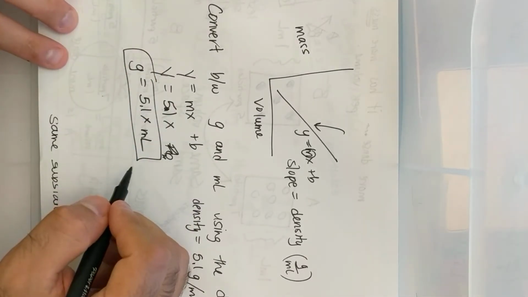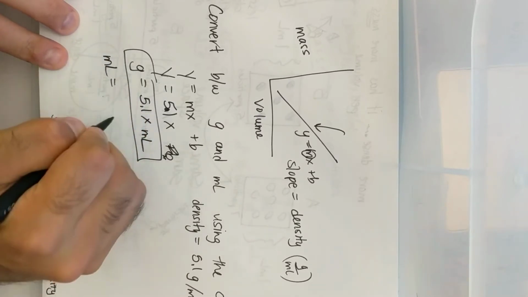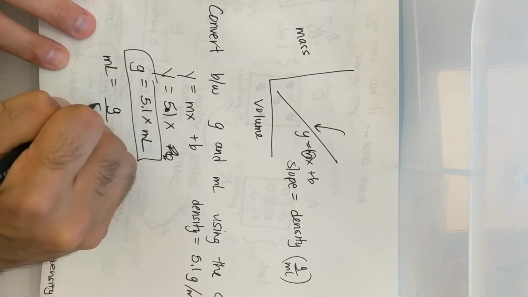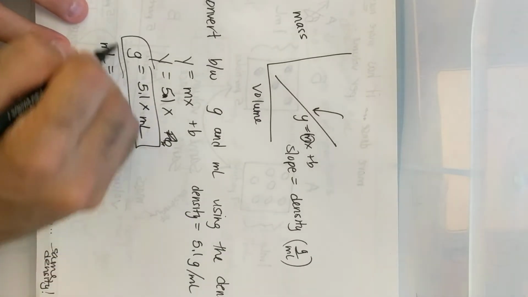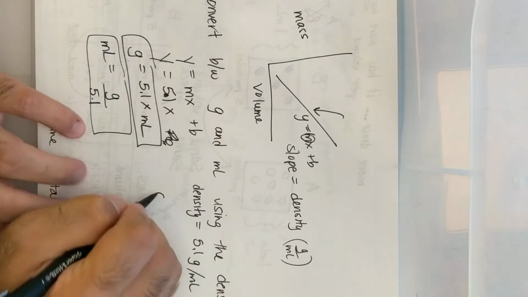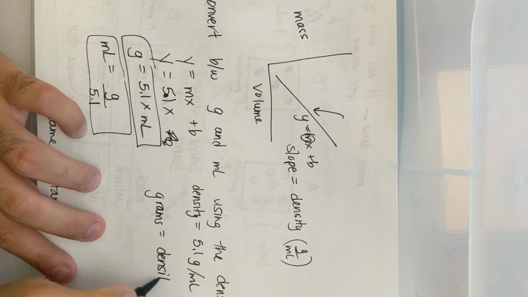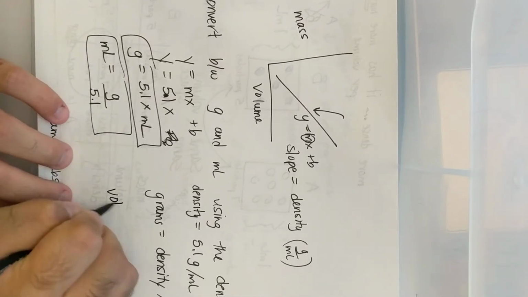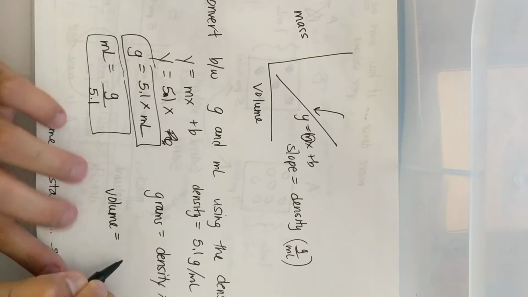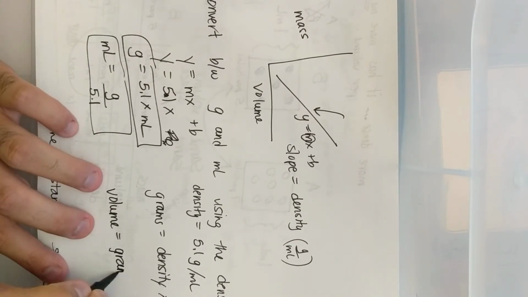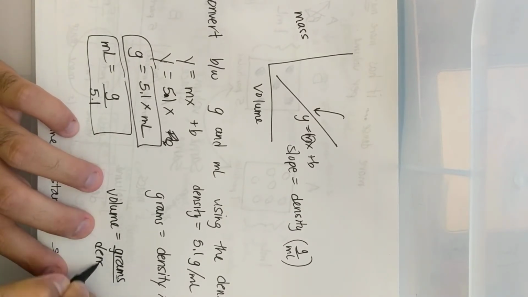If I solve for milliliters, milliliters is going to be equal to grams divided by 5.1, which means in general, grams is equal to density times my volume, and volume is equal to grams divided by my density.